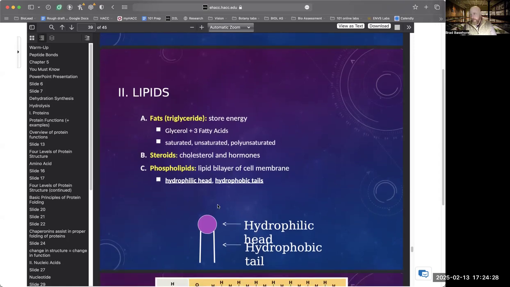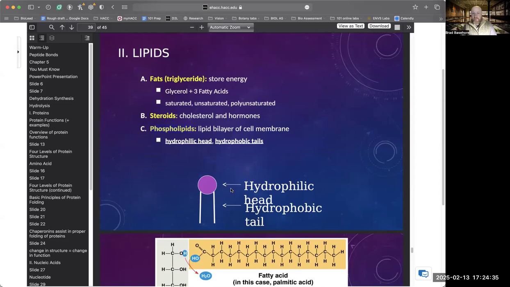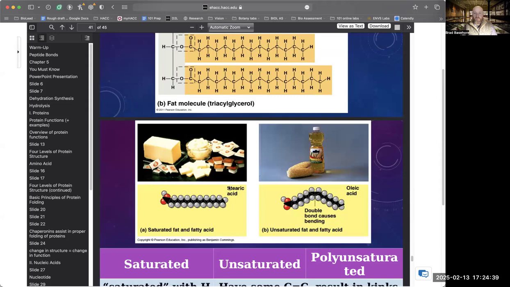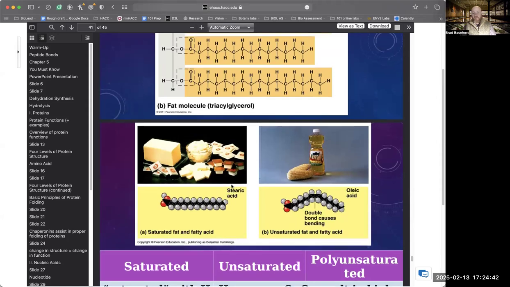And then the third major type of lipid are called phospholipids. And I'll show you that in a minute. Okay. So before we talk about the phospholipids, we need to talk about the different types of fats that we eat.